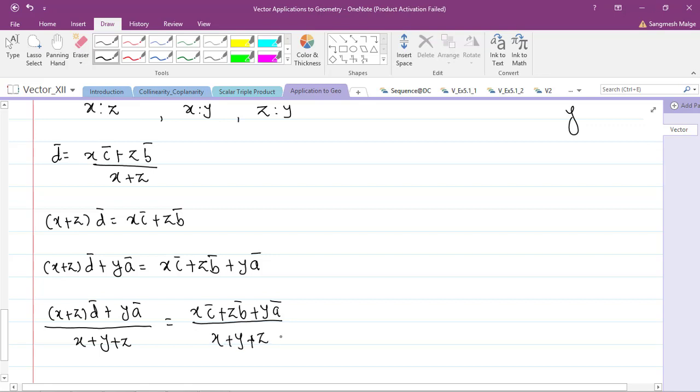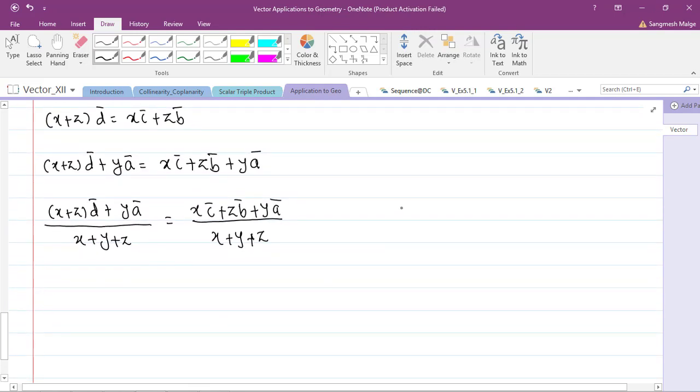This is equation number 1. So I will rewrite this equation number 1 here.